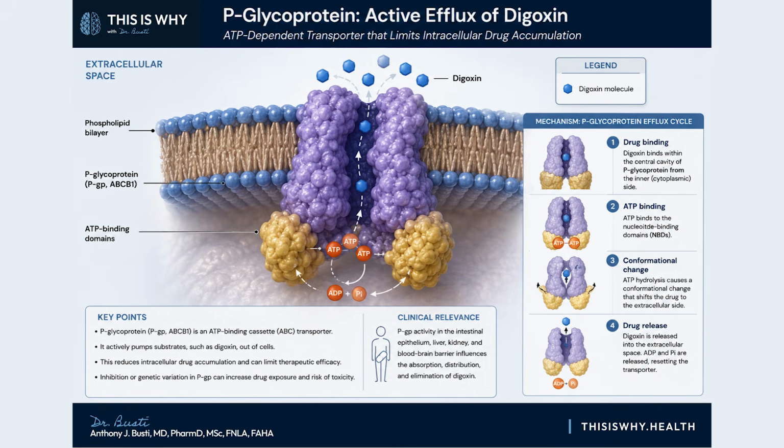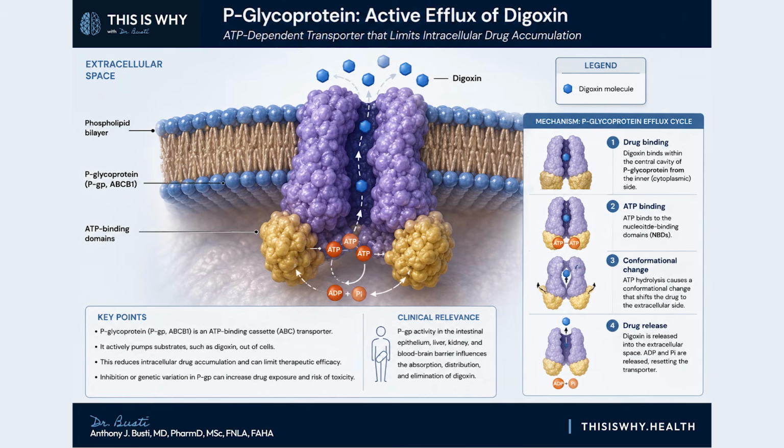Now you can see that there are 4 main steps to remove digoxin from the cell once it's made its way inside. Step 1 is the drug binding, okay, to the transporter. Once it has bound itself to the P-glycoprotein efflux cell membrane transporter, that is when intracellular ATP binds and undergoes something called ATP hydrolysis.